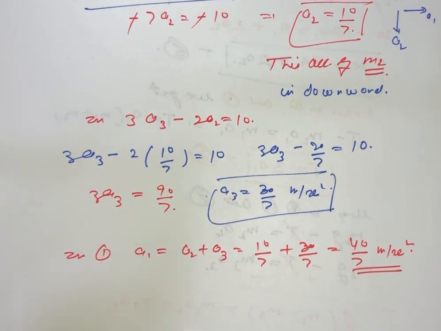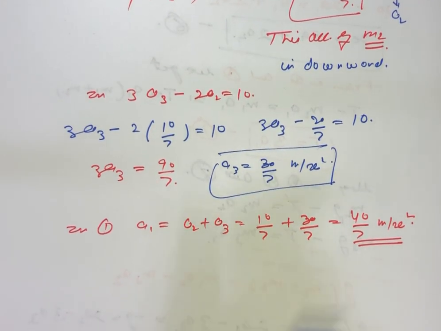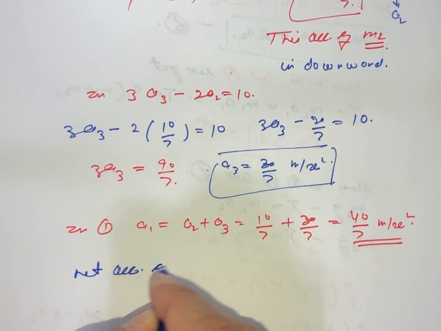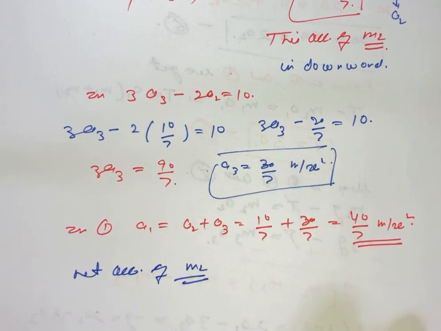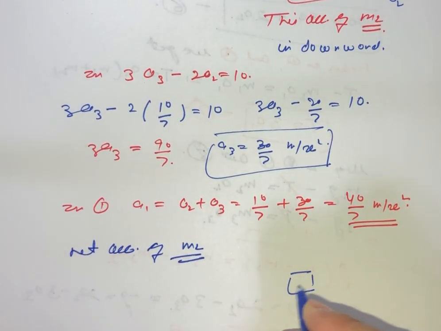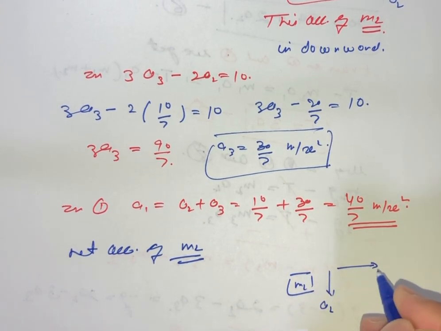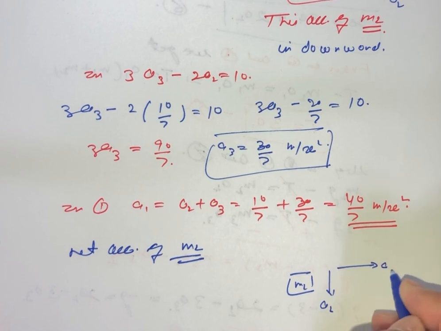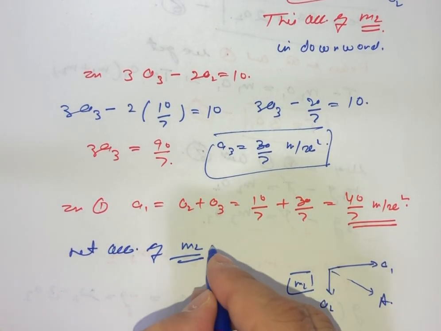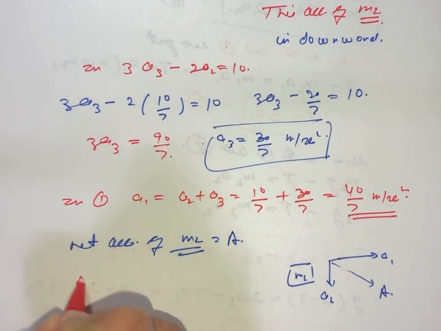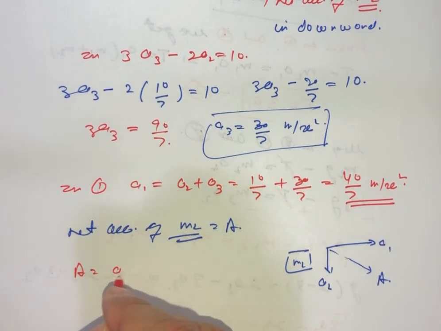So now we are going to calculate the net acceleration of m2. So this is m2. Downward direction is a2, in horizontal direction is a1. So net acceleration, let us suppose, is capital A. So A is equal to the square root of a1 squared plus a2 squared.